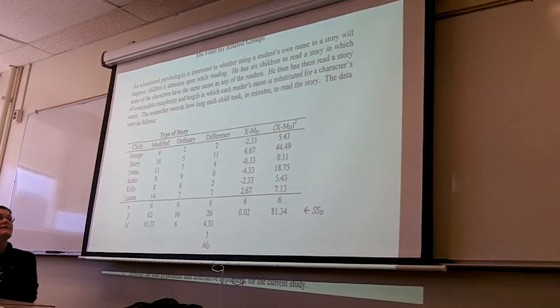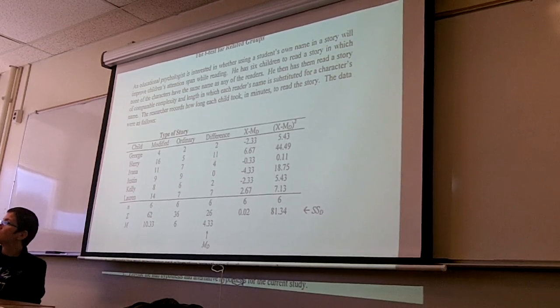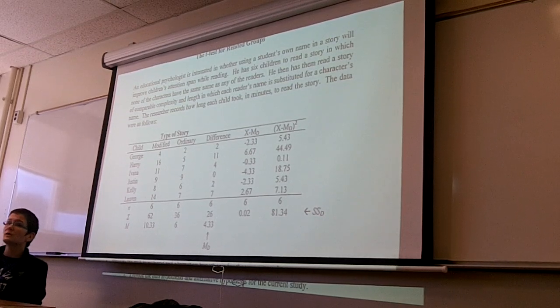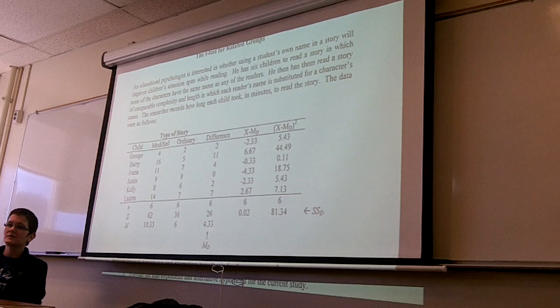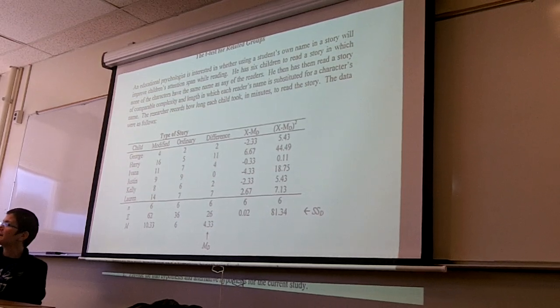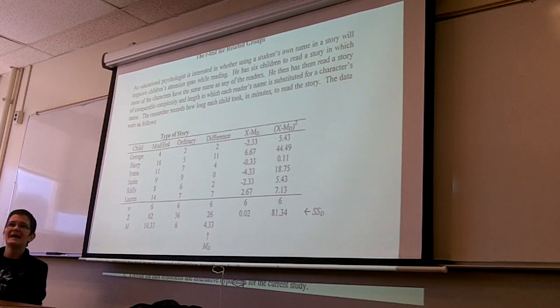So now we have dependent groups or related groups, and we can explore the same question. Will reading a story with your name in it make you read for a longer period of time than reading a story that doesn't have your name in it? But now we can make a comparison within subjects, meaning every child will read both stories.